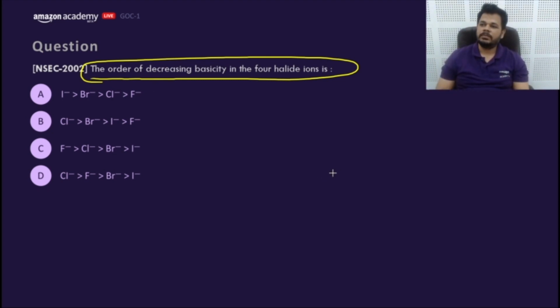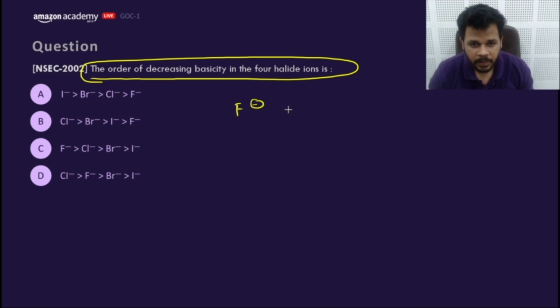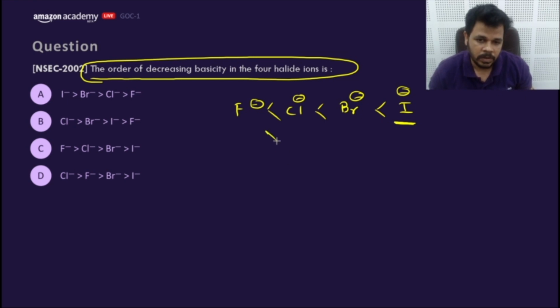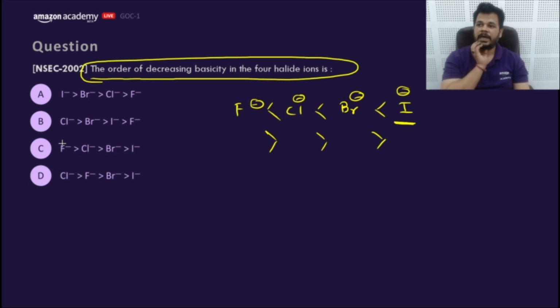Instability of the lone pair. Suraj says C, Priyan says C, Chirag says C, Agat says A. What would be the order of stability? We have already covered it. This is the order of stability because of decreasing charge density. So this would be the order of basic strength. That means very correctly you all answered C.